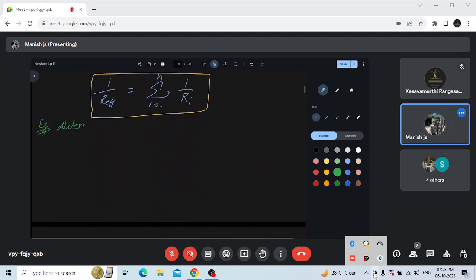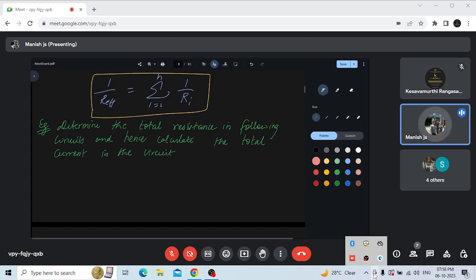Determine the total resistance in the following circuits and hence calculate the total current flowing in the circuit. Okay, this is the question.